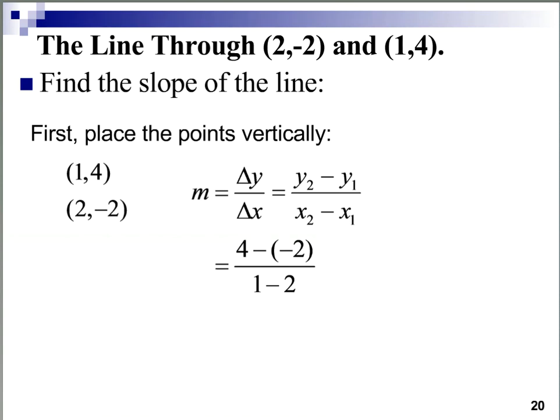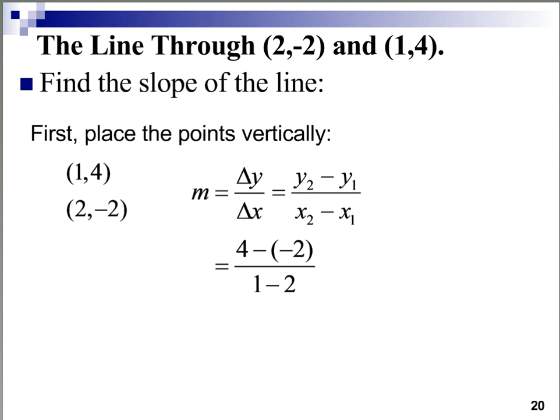So in the numerator, we have to be able to correctly identify the 2 y coordinates for the 2 points that are given to me. You can see here the first point, (1, 4), has a y coordinate of 4. The second point, (2, -2), has a y coordinate of -2. So here in this computation you see up on top in the numerator, y2 minus y1 is 4 minus a -2.